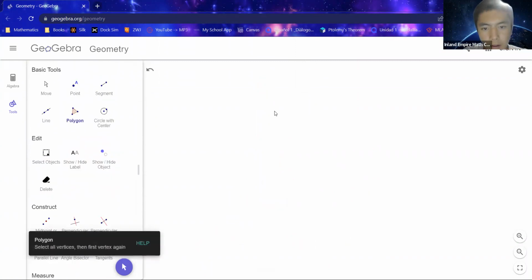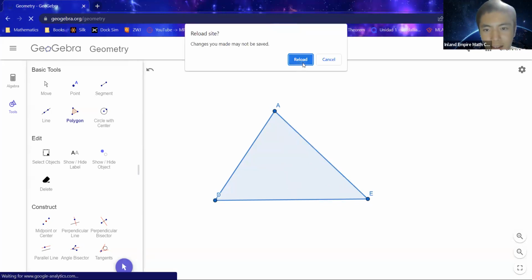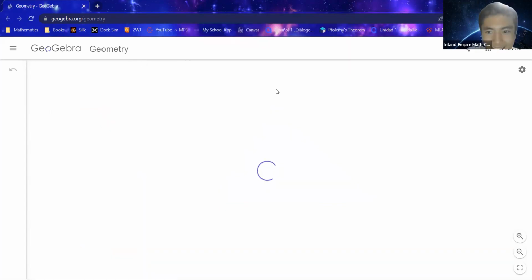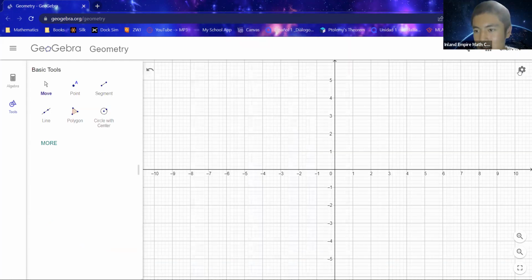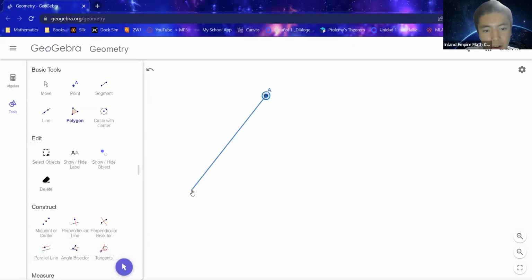Okay, so say that we have a triangle. For some reason it keeps ignoring BC. Let me restart this page real quick. Show axes, no grid. All right, that should be good. Say that I have a triangle ABC. It's much better.